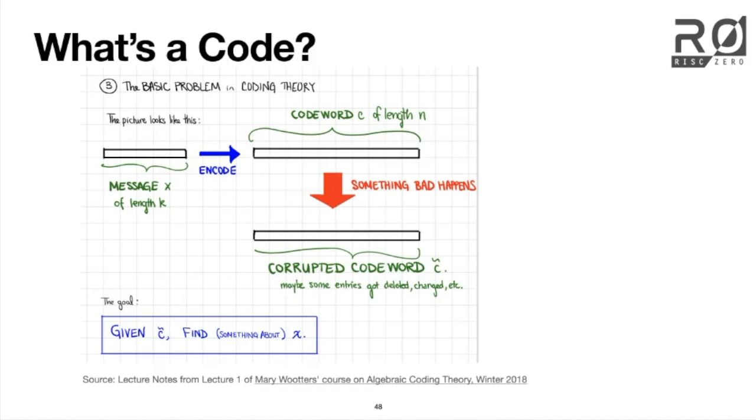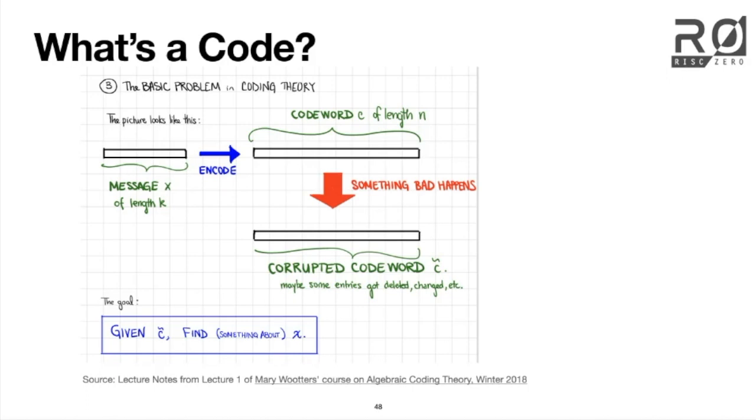in order to give a brief introduction to what we mean by a code. So stepping away from the specifics of Starks and proofs of computational integrity and all that, the basic problem in coding theory: Alice has some message that Alice wants to send to Bob, and Alice encodes this message. So the message here is short, and it's encoded into some longer code word.